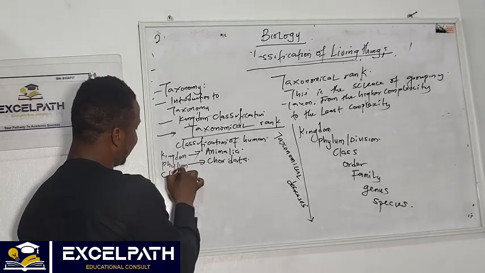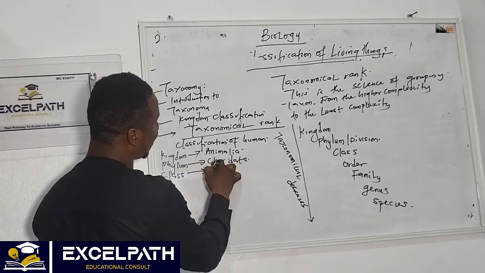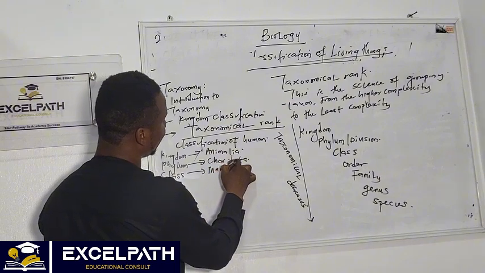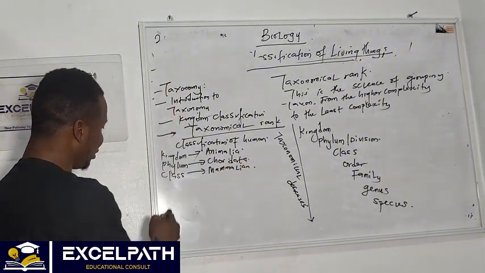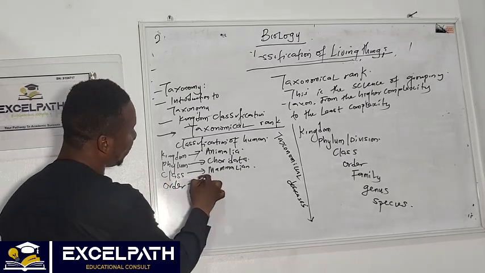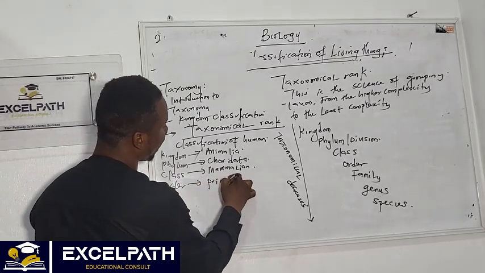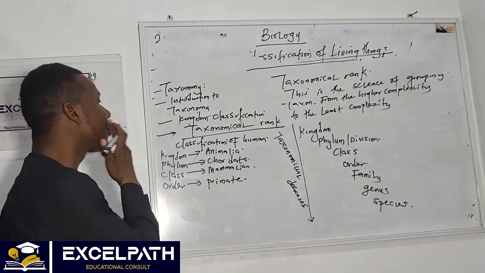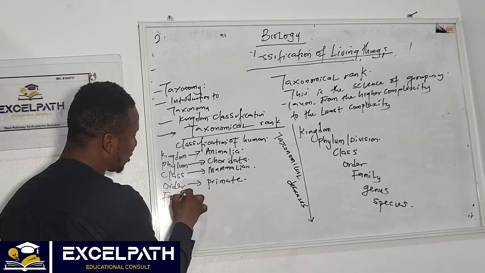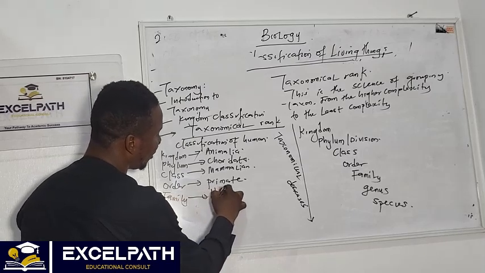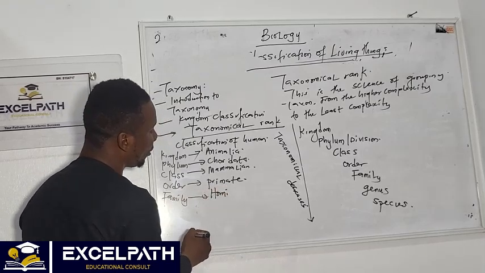Our class name, we belong to the class Mammalia. Our order is what? The primates. Our family name is known as Hominidae. What?